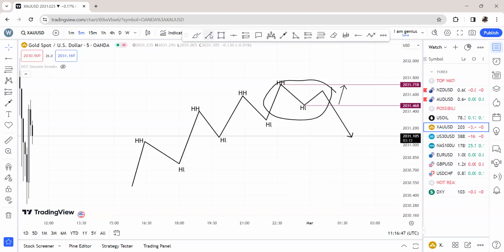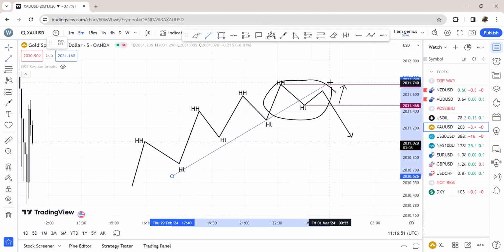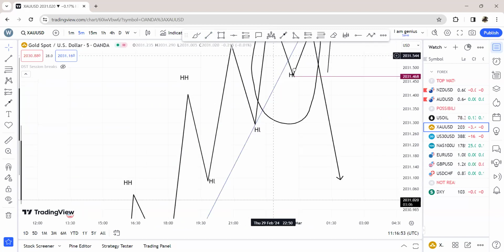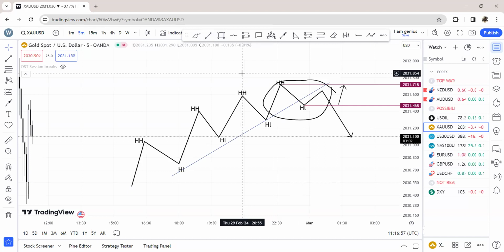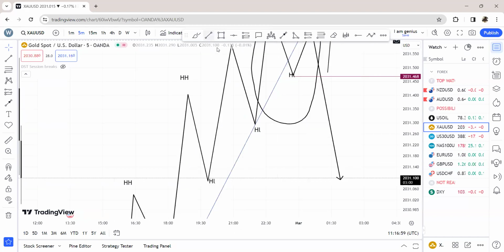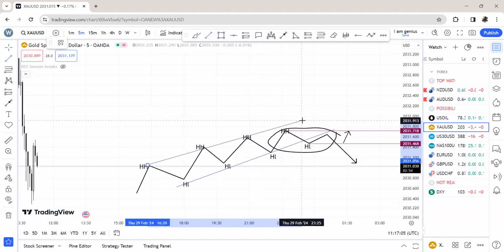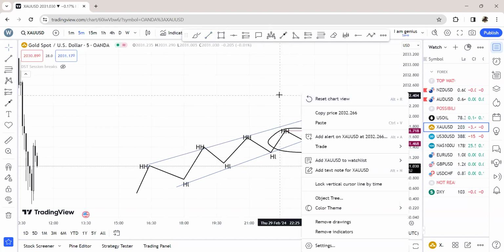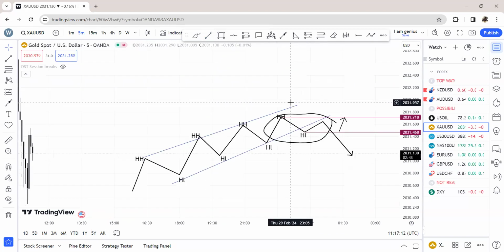Now, most people would have known that there's a shift if they had drawn these trend lines. If you had drawn trend lines, you would have known that we had changed momentum here because there's some form of a breakout.